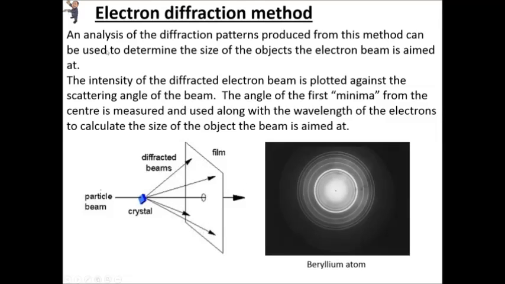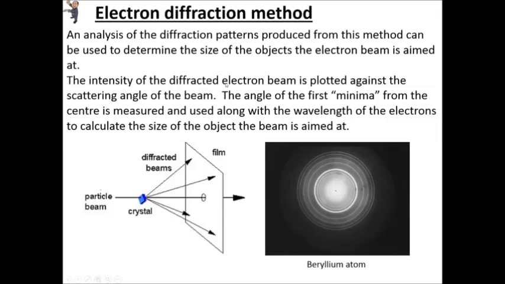Now, I've got some extra notes on here: an analysis of these patterns can be used to determine the size of the objects the beam is aimed at. Because if you remember from your work in year 12, when you pass light through slits, either single slits or double slits, you get diffraction patterns, and you can use the width of the maximum and minima to work out the original gap size, and that's exactly what's happening here.